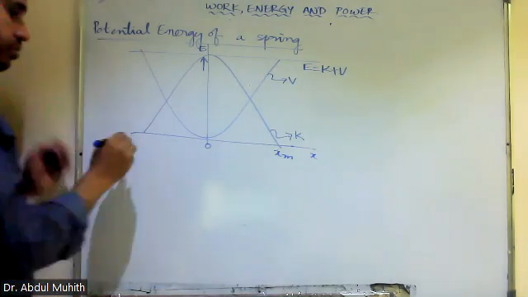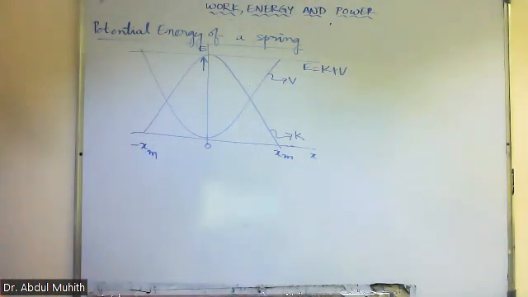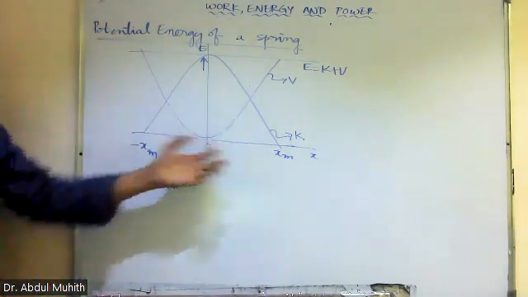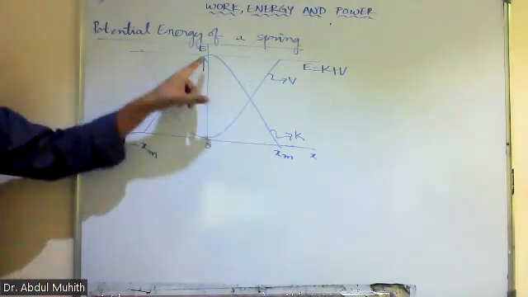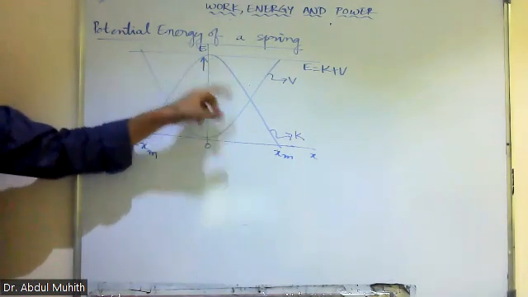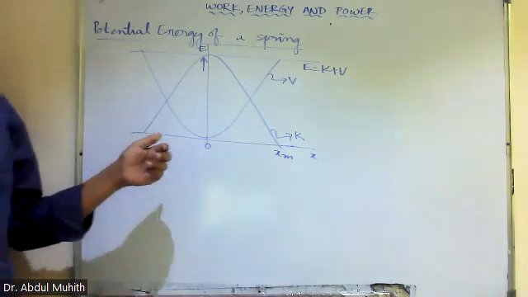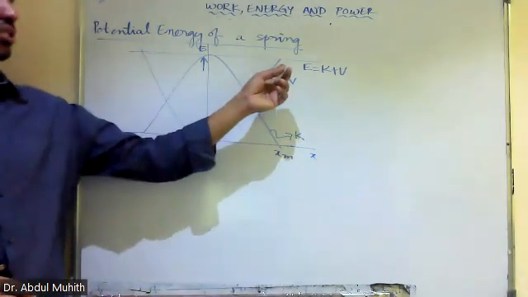This is xm, this is minus xm. 0 is the mean position, xm is the extreme position. This is kinetic energy. At the mean position, kinetic energy is maximum, and at the extreme positions, it becomes 0.